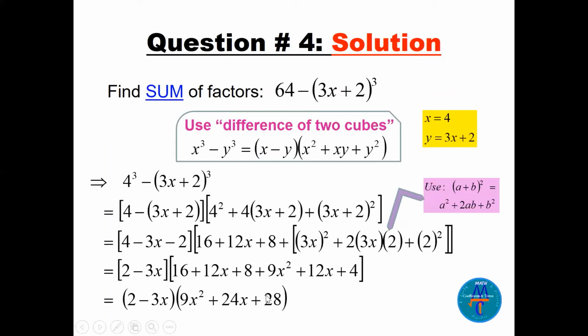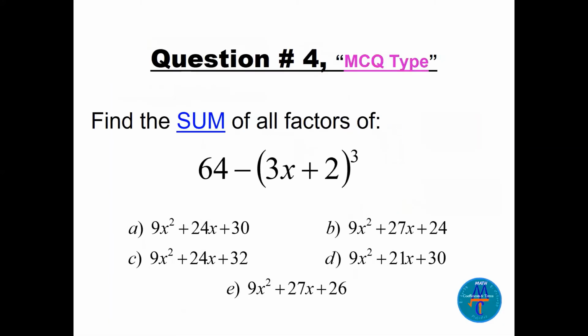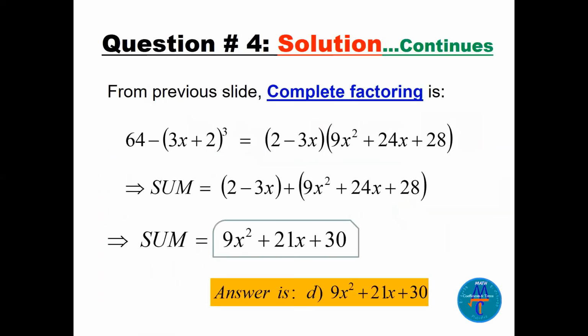Remember please guys, if the question only says factor, we stop here, factor, finished. But the question says, let me show you, the question says, find the sum. So here in the answer, you need to add the factors after you factor. Now, from the previous, this is the complete factoring.